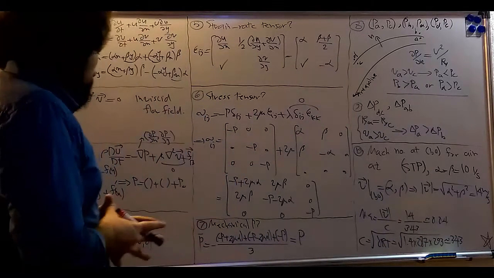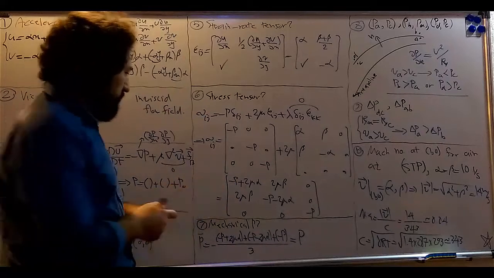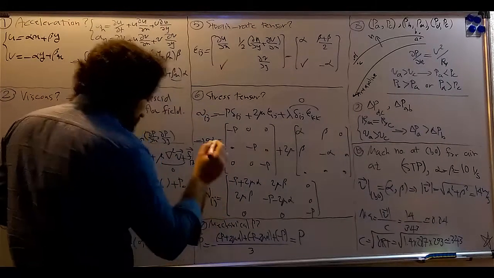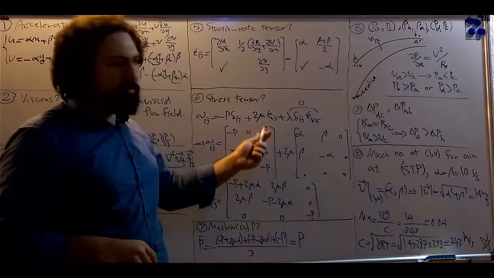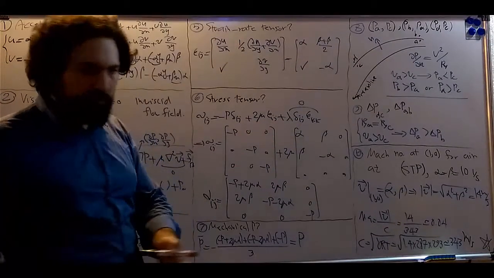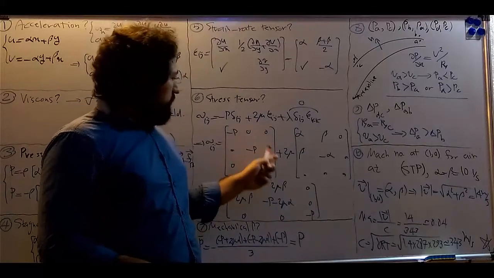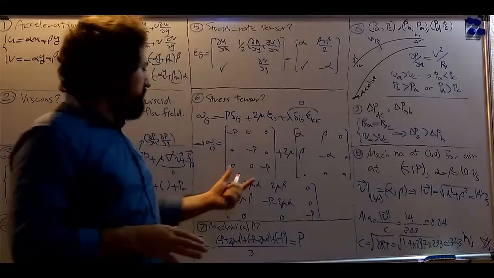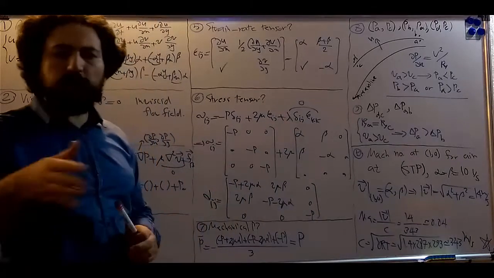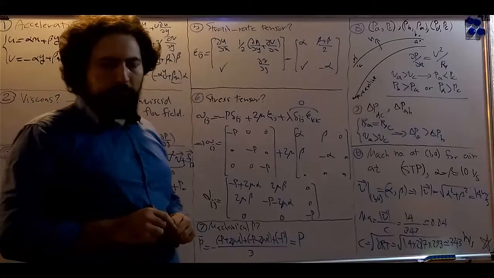So this is the final form of the stress tensor, which is again a symmetric tensor. This part is called the viscous stress tensor. The second matrix here is the viscous stress tensor, and the first matrix is called the hydrostatic stress.